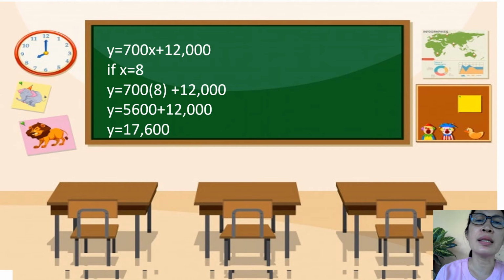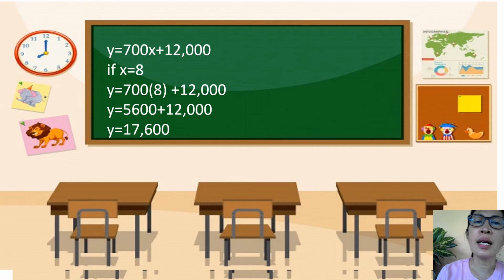X represents the number of cell phones sold. Using the equation, we substitute the value of x, which is 8, then multiply it by 700 plus 12,000. So the product would be 5,600 plus 12,000. Then y is equal to 17,600. So 17,600 is his monthly salary after he sells 8 phones.